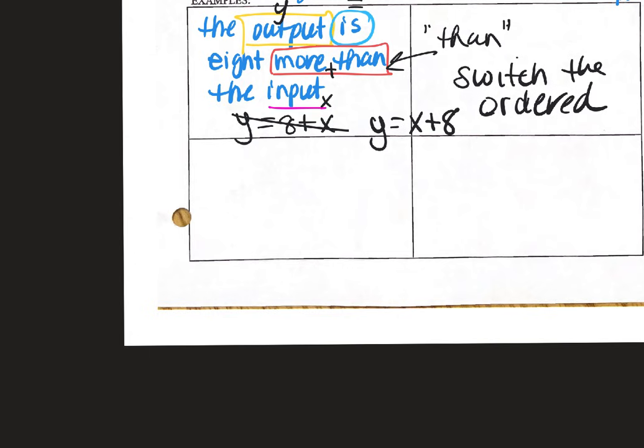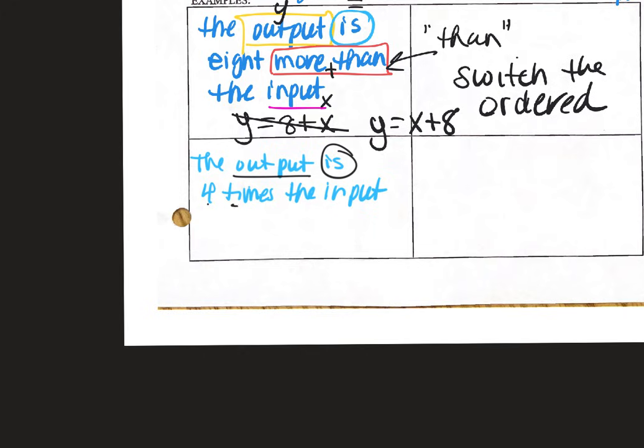Let's look at another example. The output is 4 times the input. So again, keywords: output, is, times, and input.